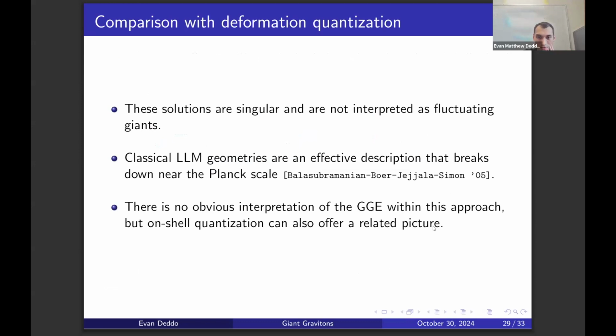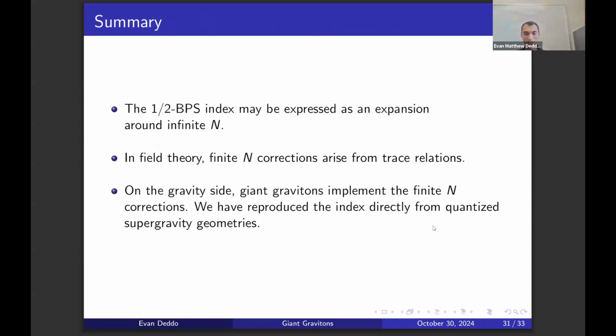Any questions before I give a summary and future directions? So there are other examples of index and giant graviton expansions. You would expect a similar story in other cases as well? Yes, I think that's something we're interested in looking at. For other indices, and in other theories as well, there are giant graviton expansions.